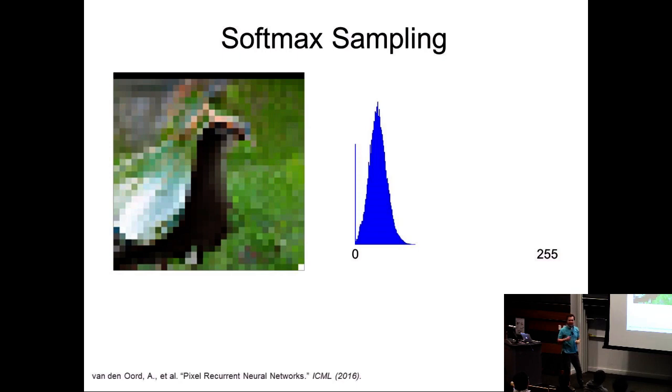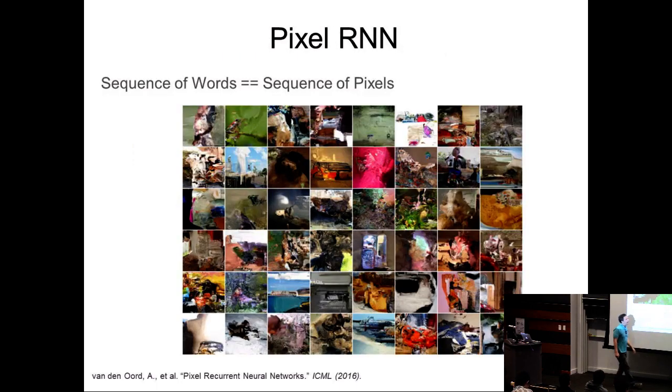It's just an RNN predicting one pixel at a time. There are a few tricks you can do. Whenever you're trying to predict a pixel, you don't just look at the previous one, you're actually looking at the neighborhoods. And this is what samples from these models look like, just treating a sequence of pixels much like predicting a sequence of words.